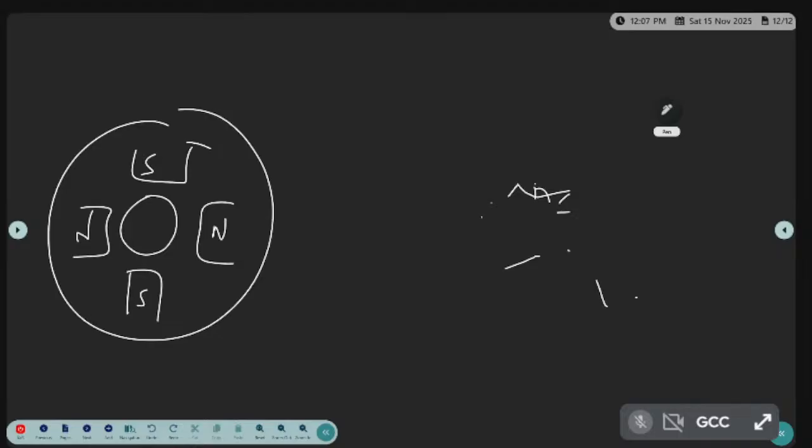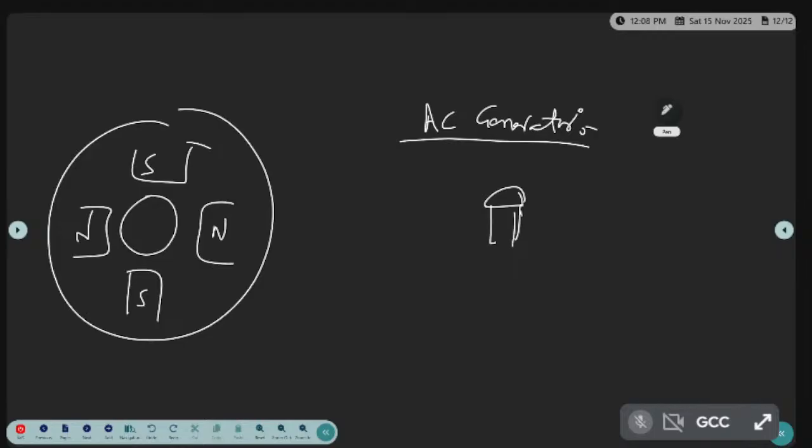What does that mean? In the rotor, I place the field.